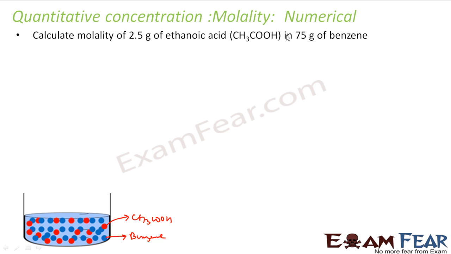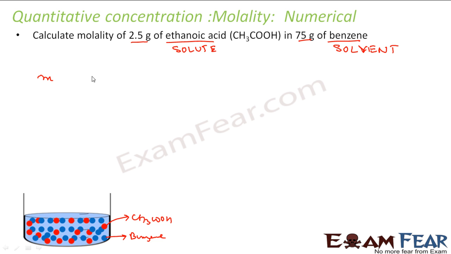Correct? So here first find which is solute and which is solvent. This is 2.5 gram, 75 gram. Also we know benzene is a good solvent. So benzene is my solvent, and ethanoic acid is my solute. Correct? This is done.